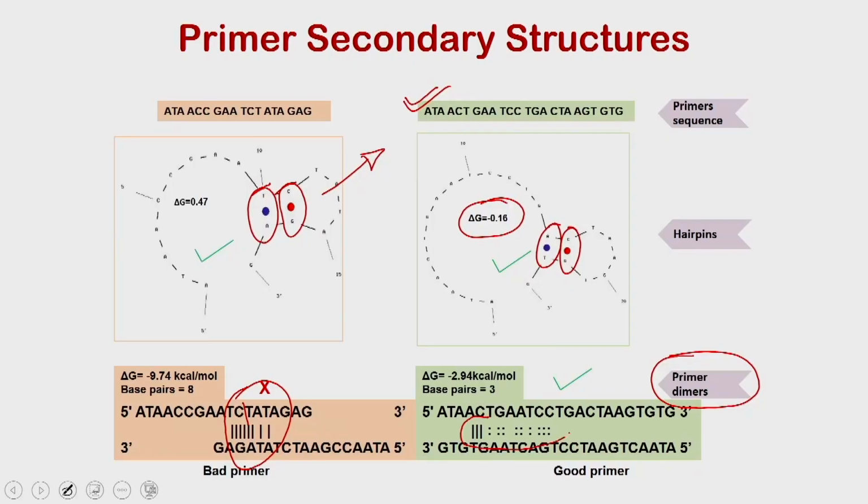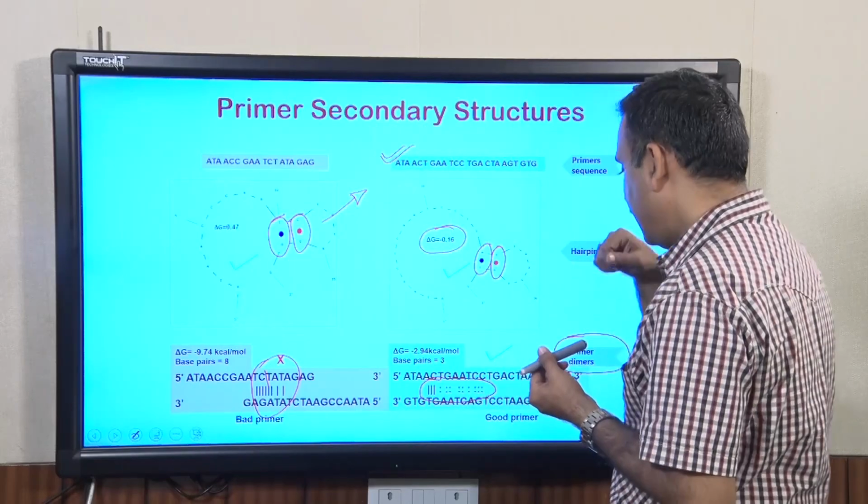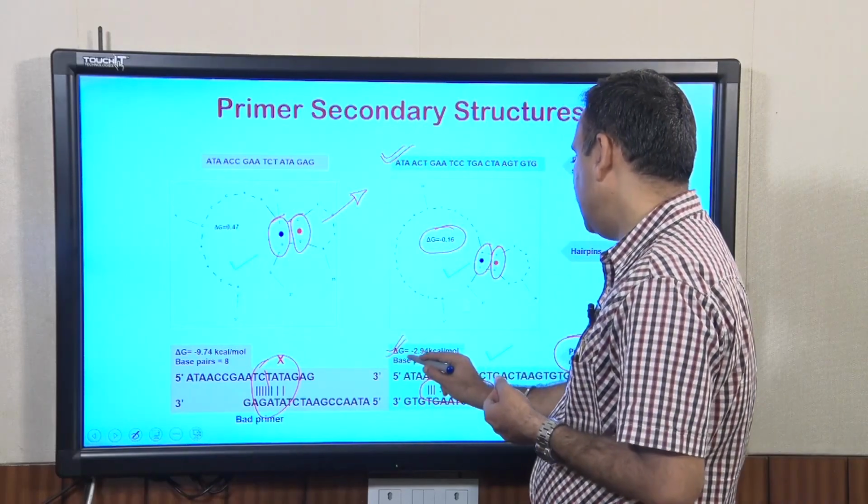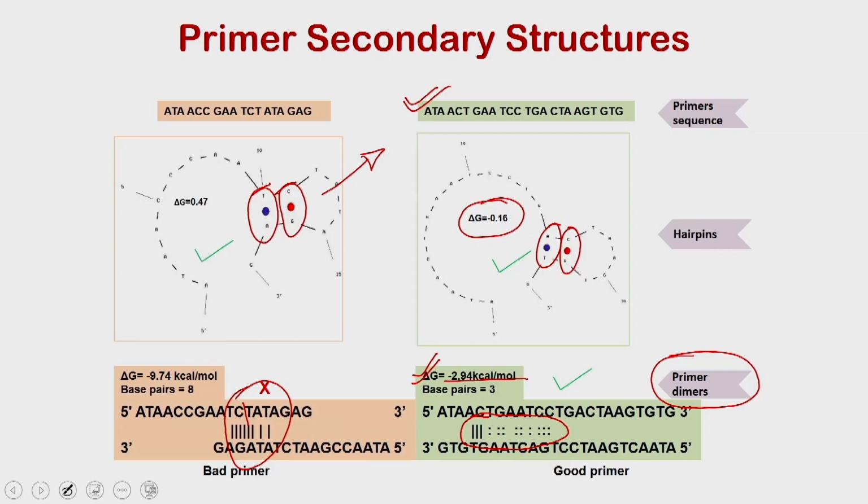The interaction is dispersed throughout the sequence, and because of that this particular kind of primer dimer is easy to break when you bring it to the annealing temperature, because as you can see the delta G is lower in this case, whereas the delta G values are very high.